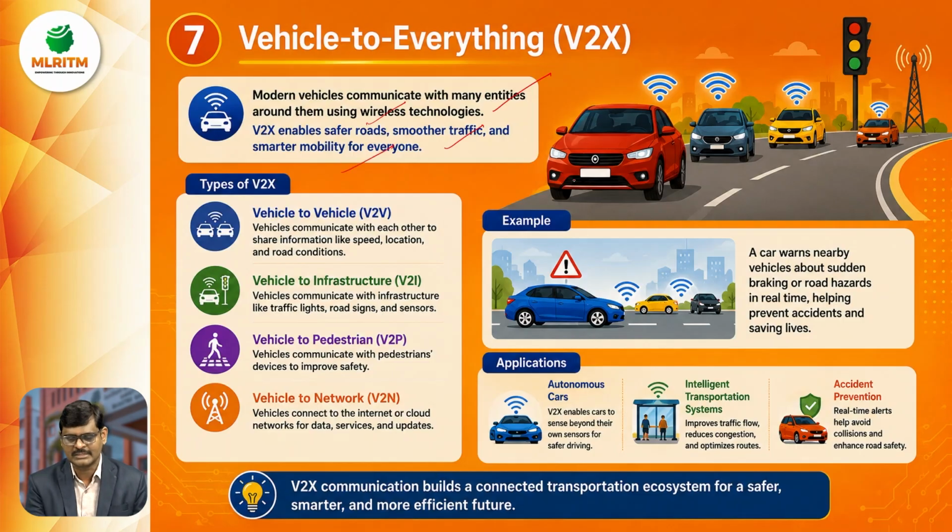In vehicle to vehicle communication, when you are riding a vehicle and suddenly brake, the vehicle behind you will be connected to your Wi-Fi devices, so that it will automatically brake and the accident can be avoided. There are some types of V2X technology: vehicle to vehicle, vehicle to infrastructure, vehicle to pedestrian, and vehicle to network.